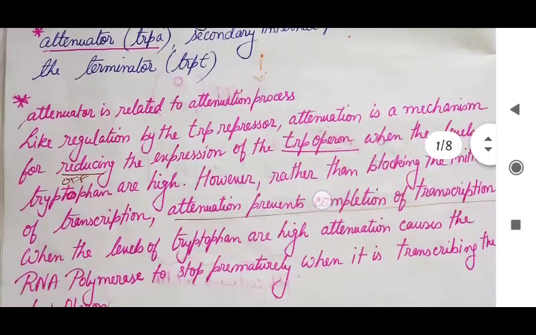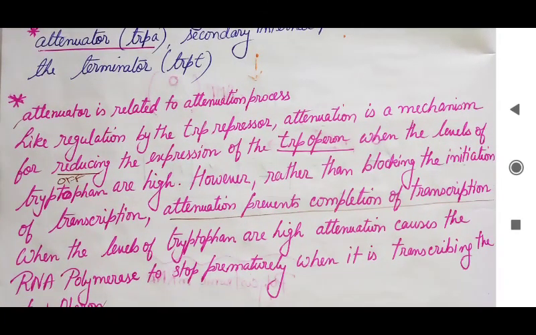Regulation by the TRP operon, attenuation, is a mechanism for reducing the expression of the tryptophan operon when the levels of tryptophan are high. Suppose the tryptophan levels are quite high, then bacteria don't need to make tryptophan, so it will turn off or reduce the expression of the tryptophan operon.